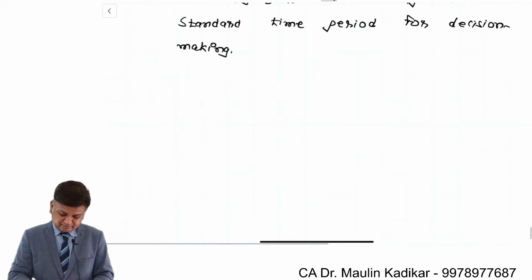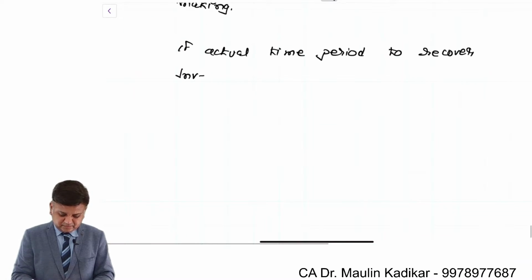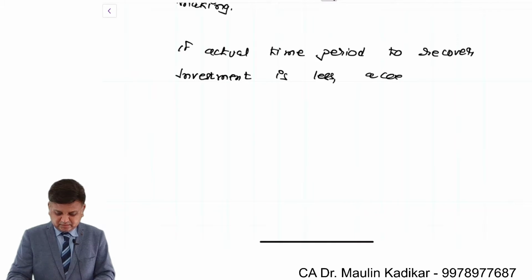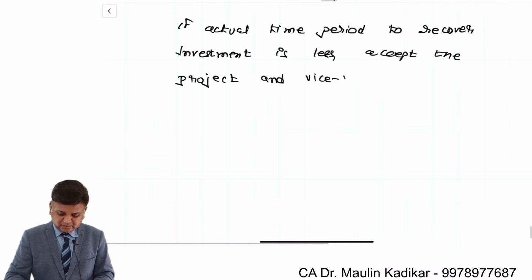Full stop. If actual time period to recover investment is less, comma, accept the project, and vice versa.